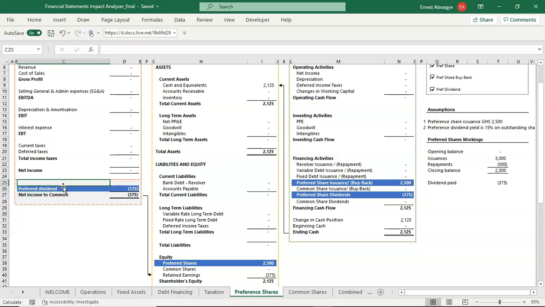It will come at the bottom section here, and like I explained, this section is technically the statement of changes in equity, but for the purpose of the modeling we include it in the income statement, but ideally it shouldn't be there. Thank you.